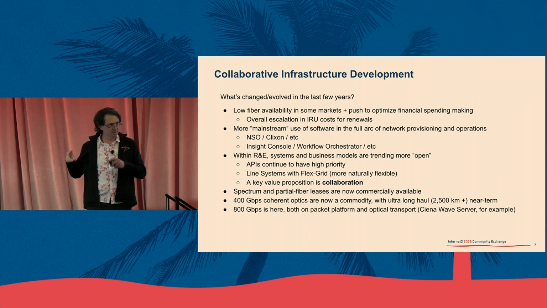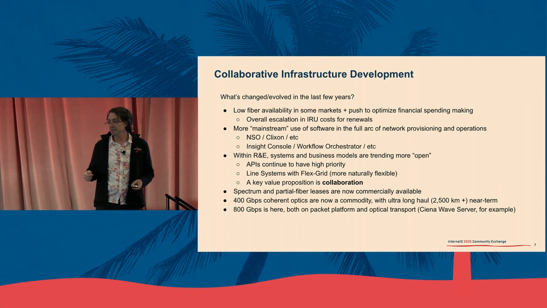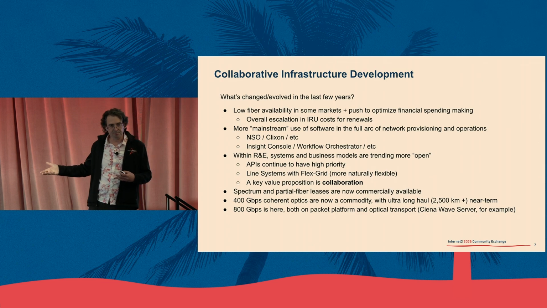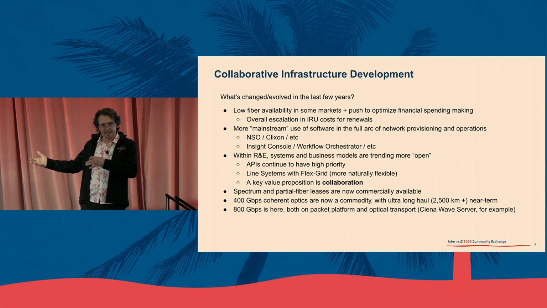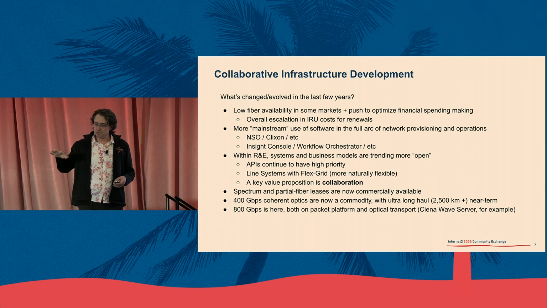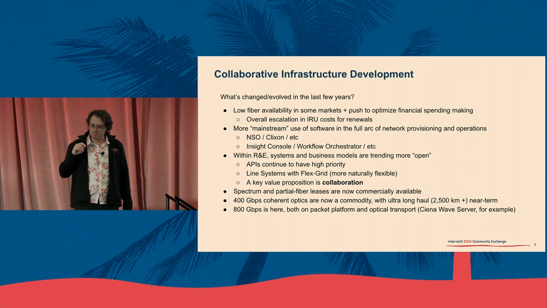I think the term is open. Often open line systems or open systems gets used. And over time, there's been just a huge growth in both the flexibility of the Internet2 platform, optically through the packet services and how it can be implemented. And so these are just some examples of some of those evolutions.